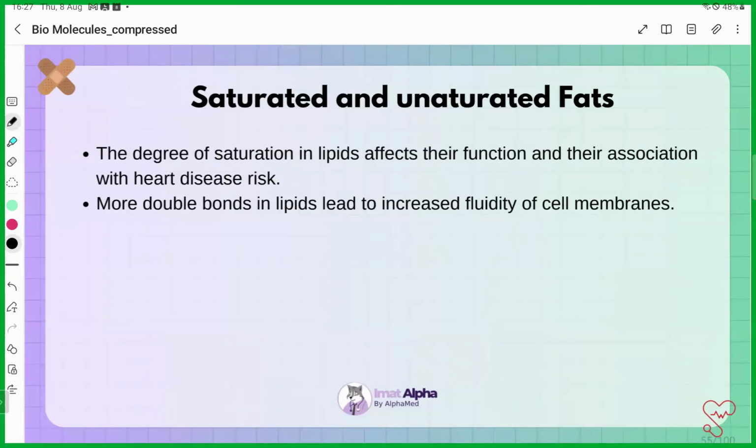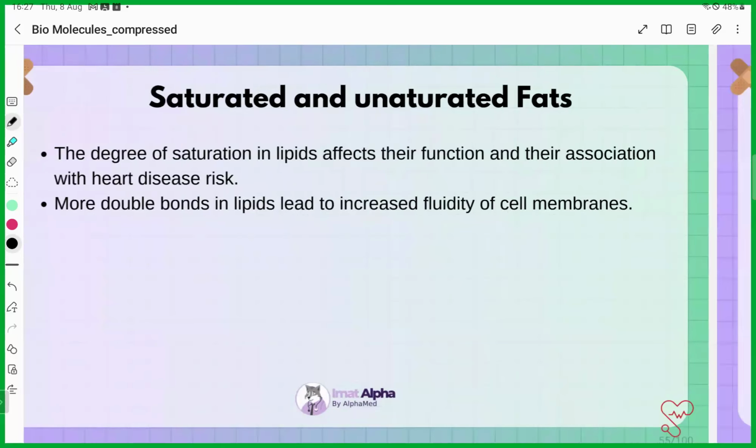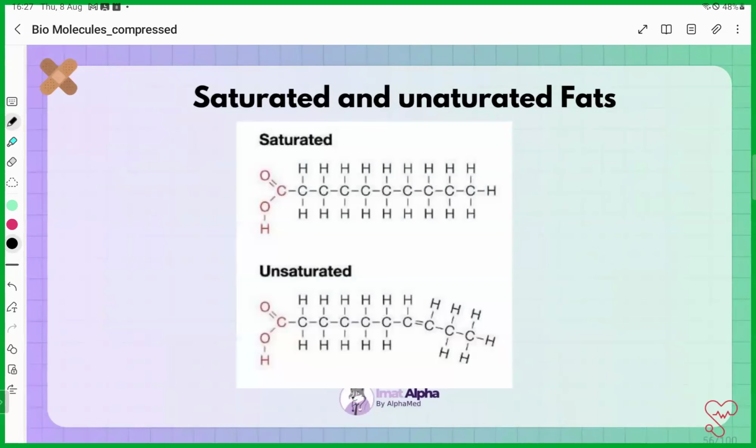Saturated and unsaturated: if you look at all of the carbons here, between them there are only single bonds. However, the unsaturated one has a double bond on the third carbon. What does this mean?